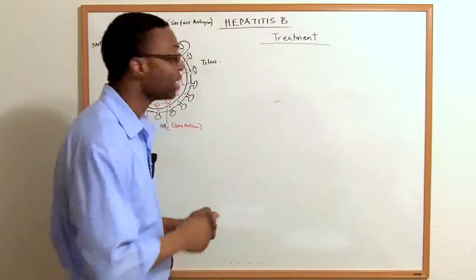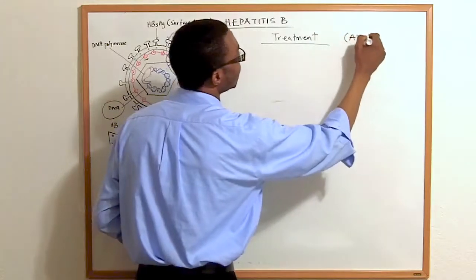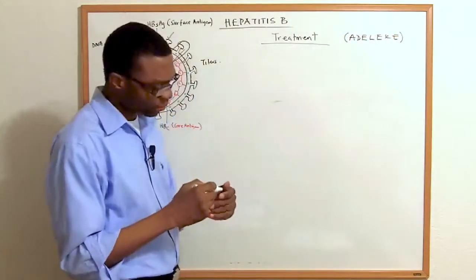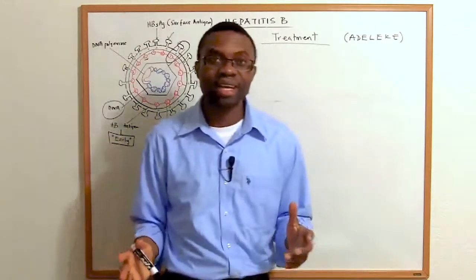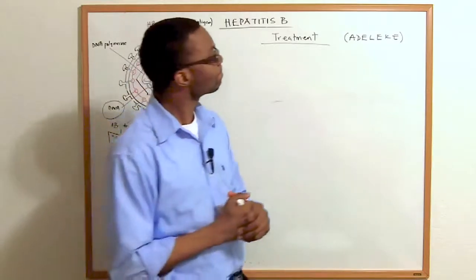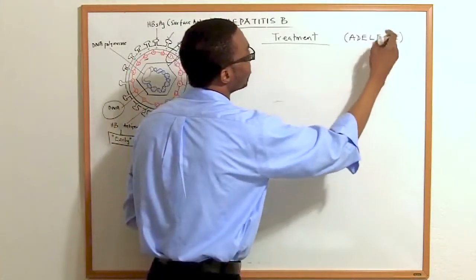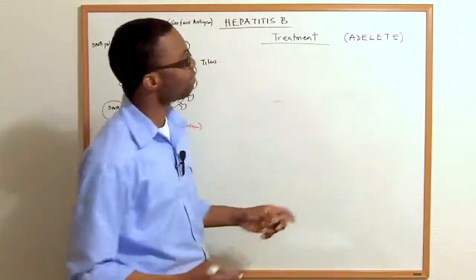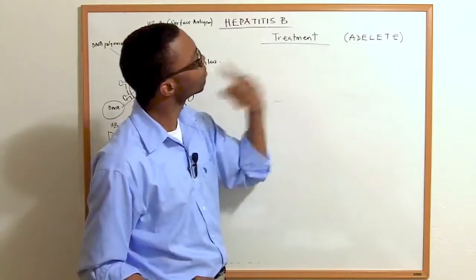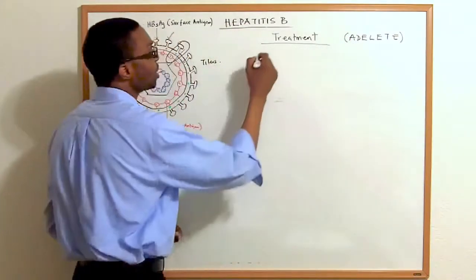Let's try to spell my name. This is my name. Adeleke. So, in order for me to remember all the drugs that we use to treat hepatitis B, I said I'll change Adeleke to Adelete, something like that. I look at the word and it looks like a delete. That looks perfect. That's the mnemonic we're going to use.